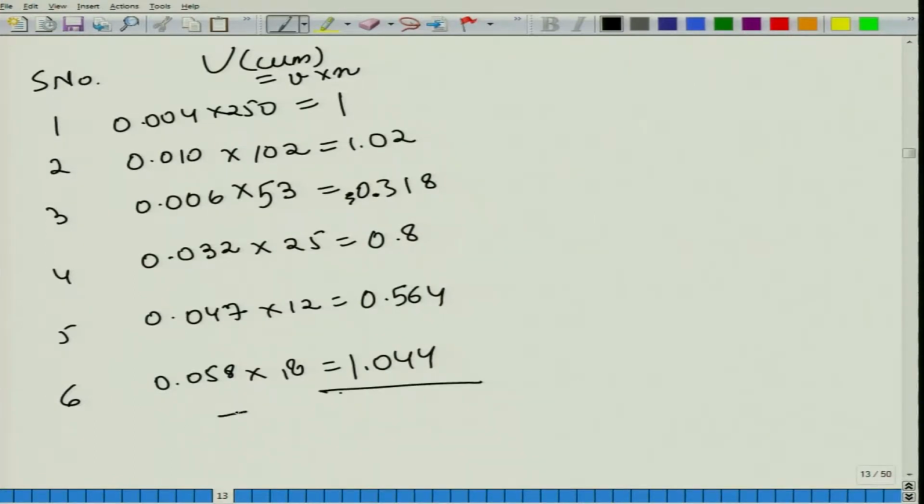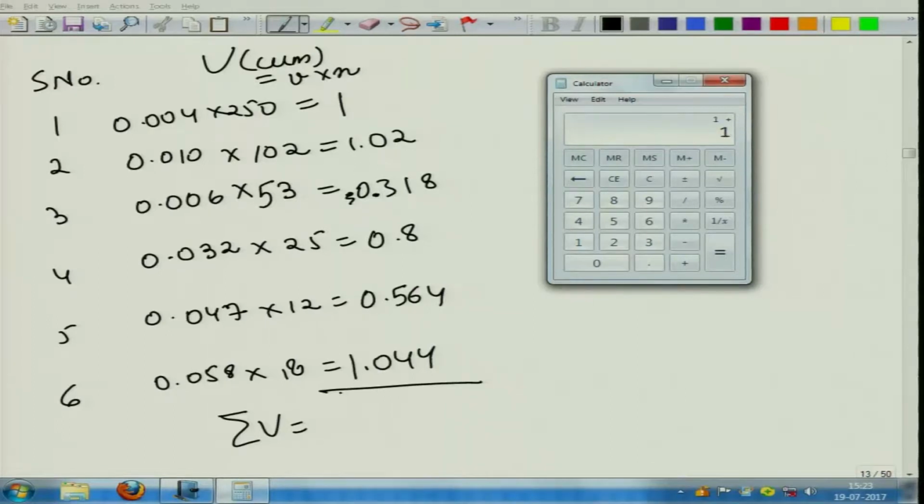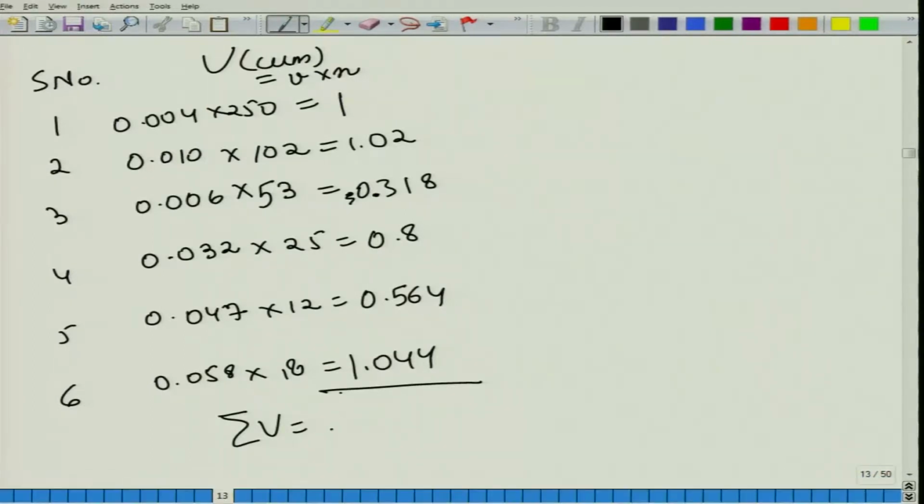So, we have 1 plus 1.02 plus 0.318 plus 0.8 plus 0.564 plus 1.044, which is 4.75. So, this is 4.75 cubic meters. This is how we compute the volume of a log using the quarter girth formula, and we can also compute the volume of a stack.